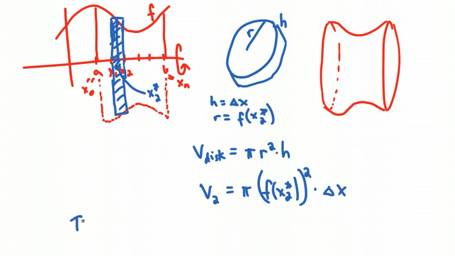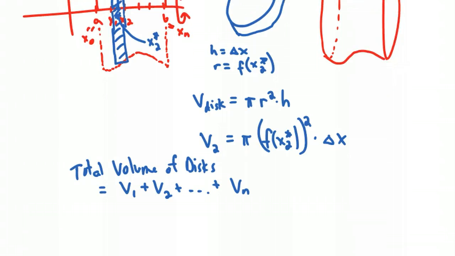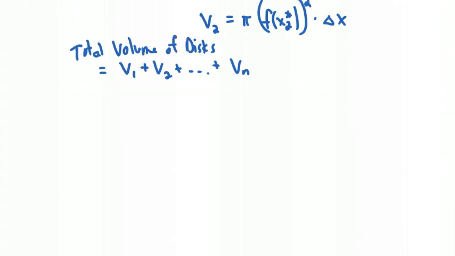So the total volume of disks will just be V1, the volume of the first disk, plus V2, plus all the way on out to our last one, V sub n. In this case it would be V sub 5. But what is V sub 1, V sub 2, V sub 3, all the way up to V sub n?